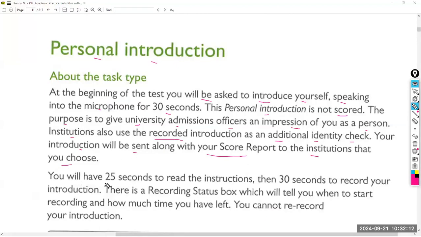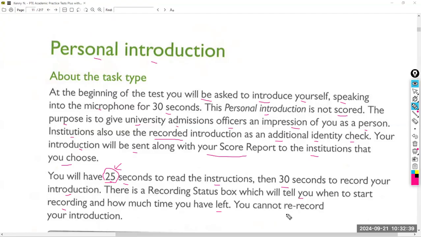Now, you will have 25 seconds to read the instructions. This is to prepare yourself to be ready to speak. Then, after this time of preparation, you have 30 seconds to record your introduction. There is a status box, which will tell you when to start recording and how much time you have left.